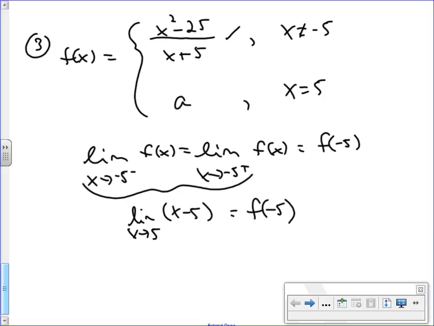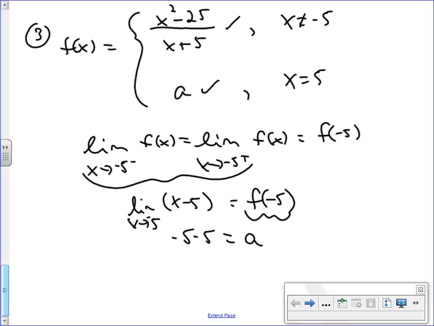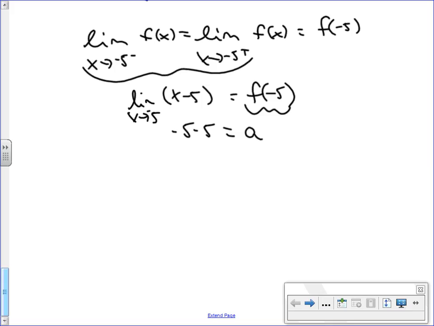You don't have to do two separate ones. And now I can plug in the negative 5. I'm going to plug in my negative 5 minus 5. And this is value A from your function here. All right, and that tells me that negative 10 has to equal A.